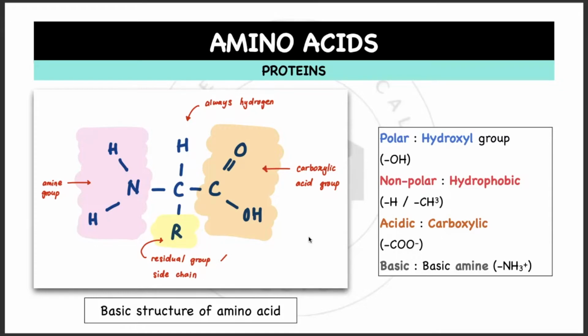And I mentioned earlier that there are four types of amino acids, four main classes, so you have the polar, non-polar, acidic, and basic, and it can be either of these. So just something to help you remember: polar ends with hydroxyl group, and non-polar is hydrophobic, so it ends with hydrogen, and acidic is carboxylic, and basic is basic amine.